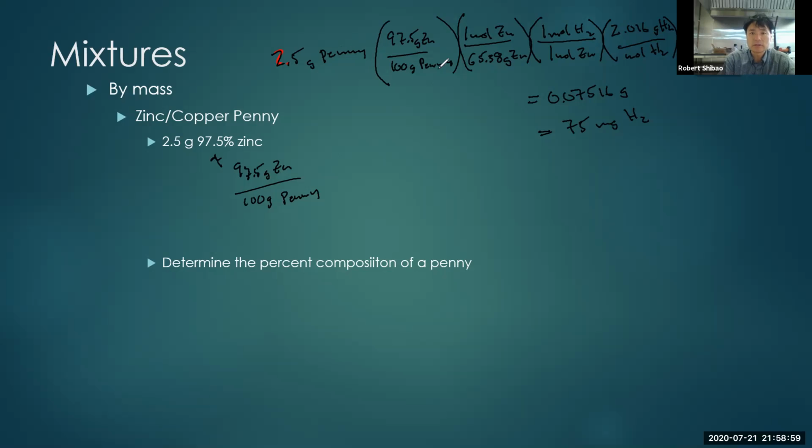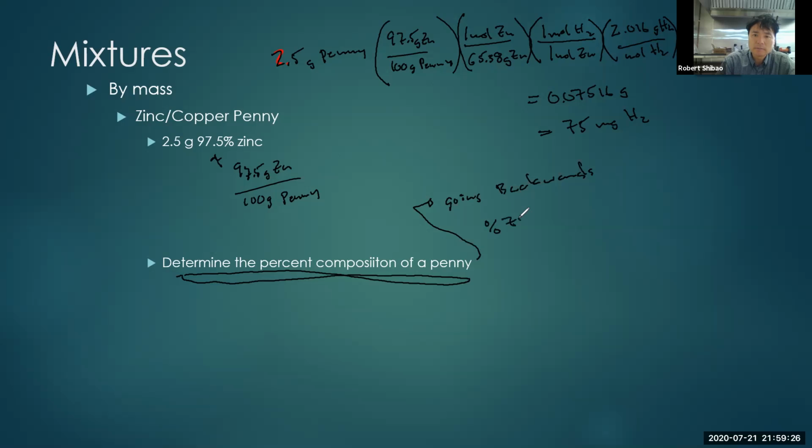Okay, so that's a mixture, so we do one extra step. This is going backwards. Determine the percent composition of a penny. So let's say this is just going backwards. Okay, the percent composition, let's say we're going to get the percent zinc.